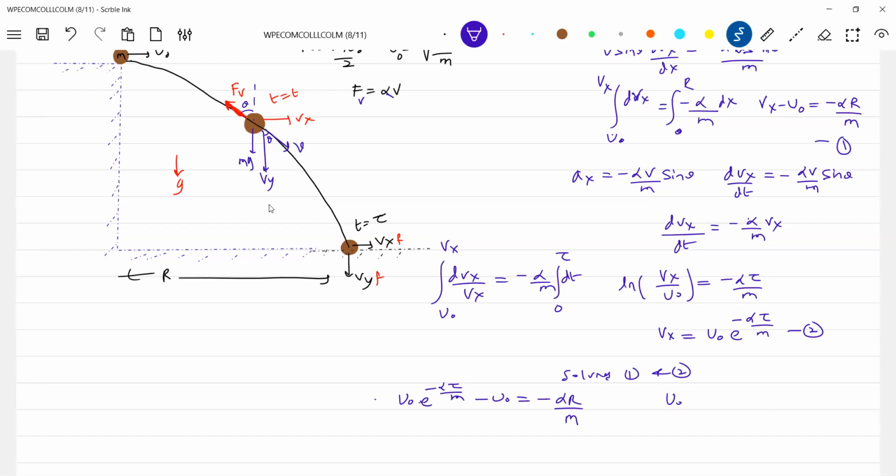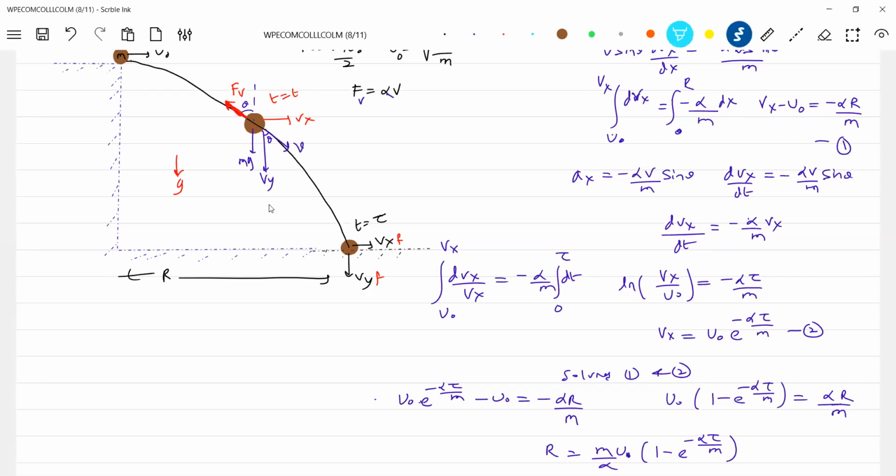R equals m u naught by alpha. Simple mathematics.